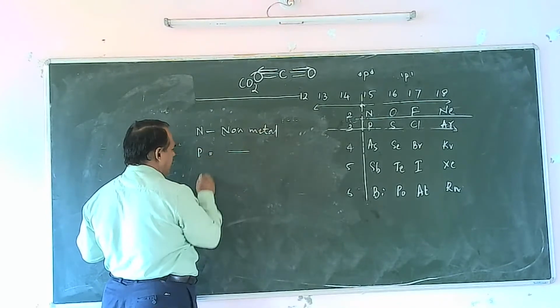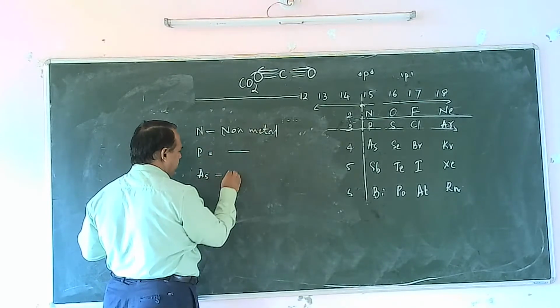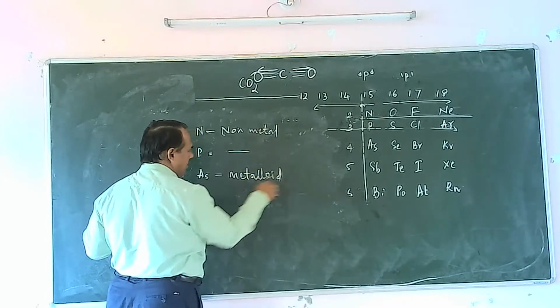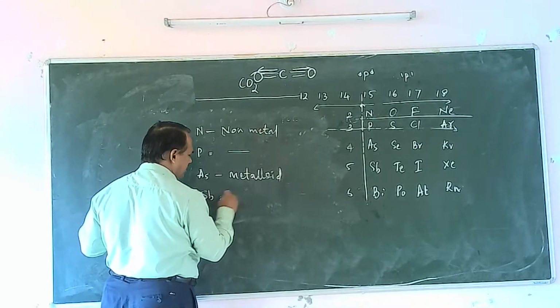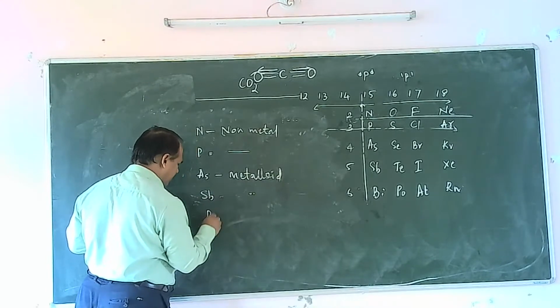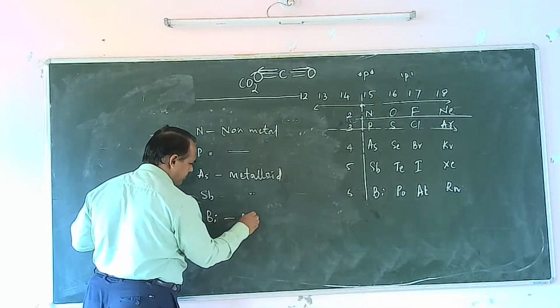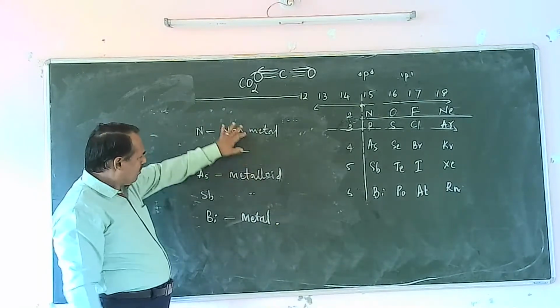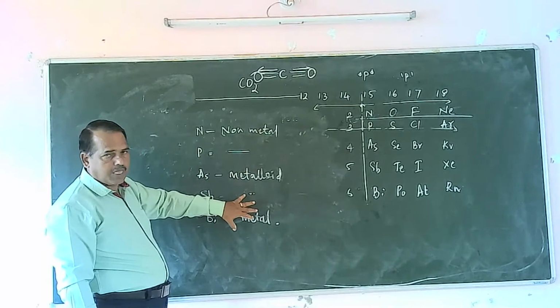Phosphorus is also a non-metal. Arsenic is a metalloid. Antimony is also a metalloid. And bismuth is a metal. What is the reason?